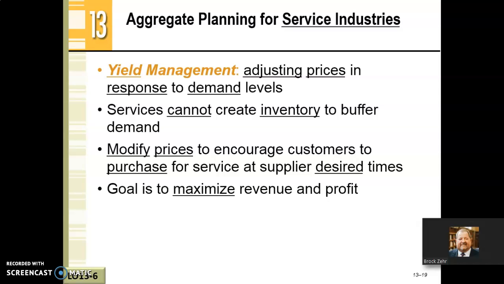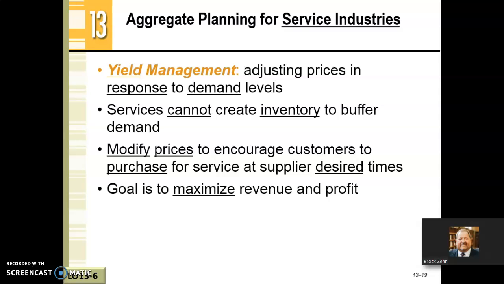Can you think of some service industries that modify their prices based on demand? Well, obviously, before COVID, the airlines, to fill seats, sometimes they would lower prices to fill up their planes. Other peak demand times, like during the holidays, they would raise their prices because they didn't have enough supply to meet demand.